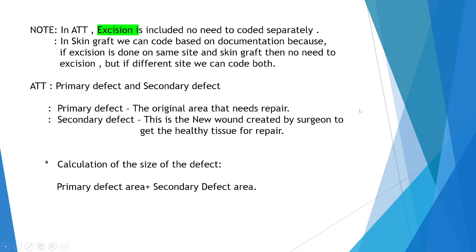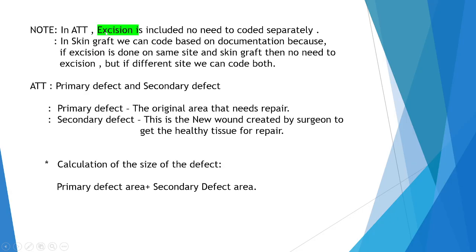Important note: in ATT, we have to understand the excision procedure. What is excision? Excision is the removal of the entire tissue, the entire part of the body. So in the ATT, as we know, the adjacent tissue transfer, the tissue has already been transferred.